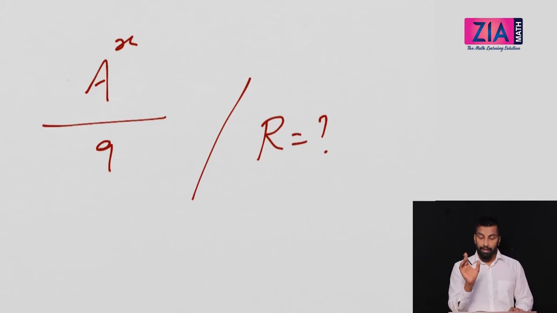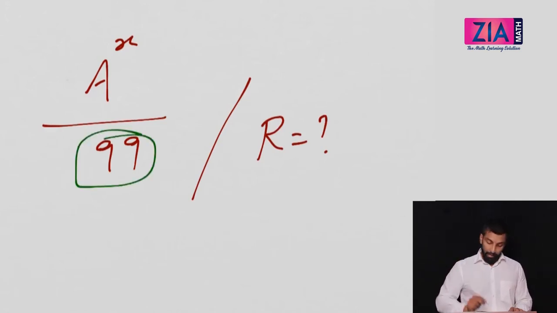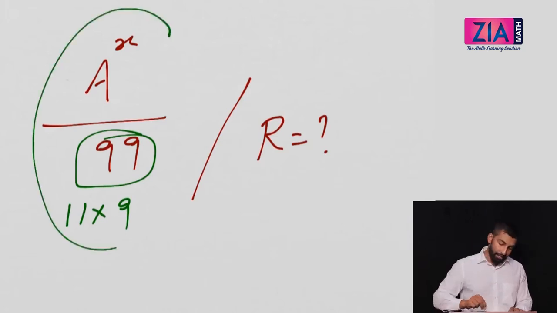In this case, if you know the divisibility rule of 9, you can solve it faster. So if it is 99, what you will do is factorize the denominator like 11 into 9. Then if you know the divisibility of 11 and the divisibility of 9, you will be able to solve it faster. But this is a very higher level question.